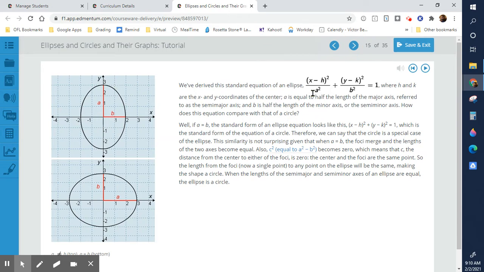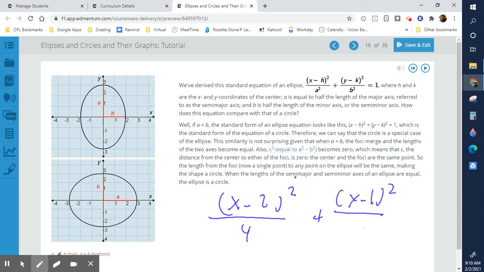So if we see a big number, let me just make up an equation for one right now. Let's say I do x minus 2 quantity squared over 4, plus y minus 1 quantity squared over 36.